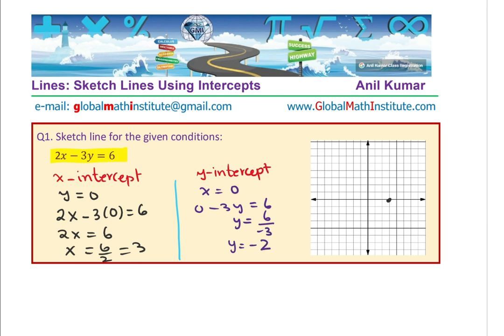So we get the y-intercept as minus 2. Clear? And we already have the x-intercept of 3, correct? Connecting these 2 points with a straight line, we get our graph. So this is what we mean when we are sketching a line. This is the y-axis, x-axis, origin, and we have our line. So that is a sketch.